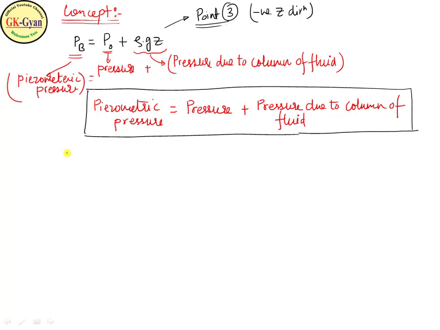Now next, similarly we have taken PB equal to P0 plus rho Gz. Now divide this equation by rho G, that is specific weight.